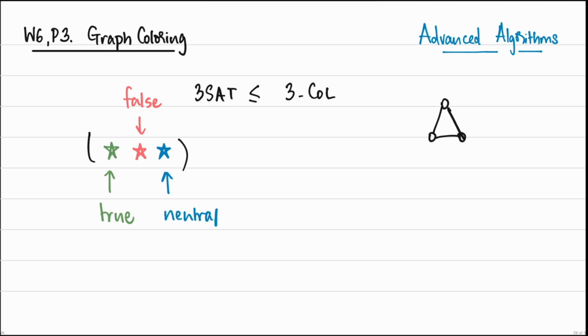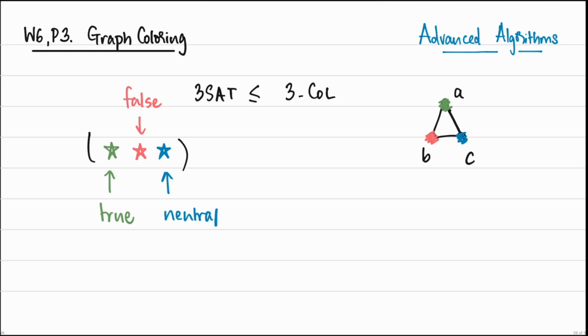And just by convention, let's say that the triangle has vertices A, B, and C. Just by convention, we're going to say that whatever color you give to vertex A, I'm going to think of that as the true color. Whatever color you give to the vertex B, I'll think of that as the false color. And whatever color you give to the vertex C is what I will think of as the neutral color. So that's just a matter of convention.